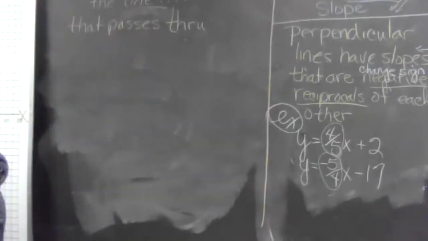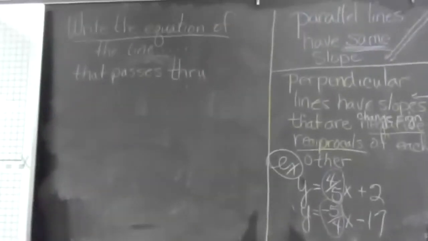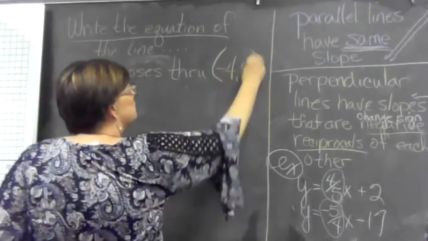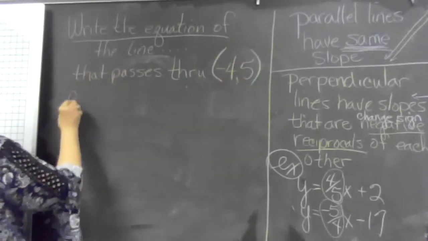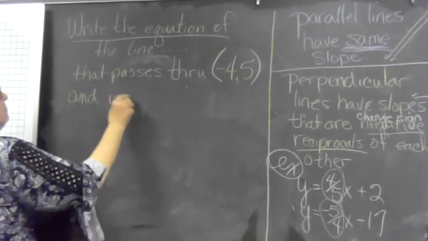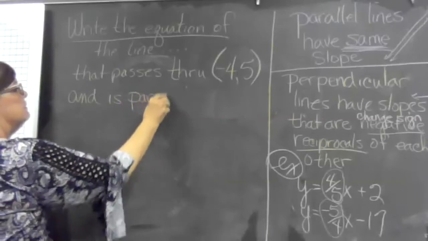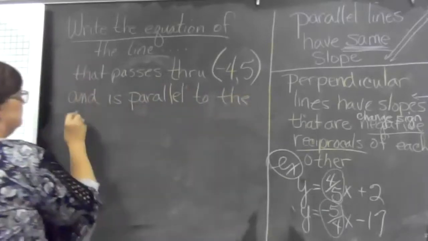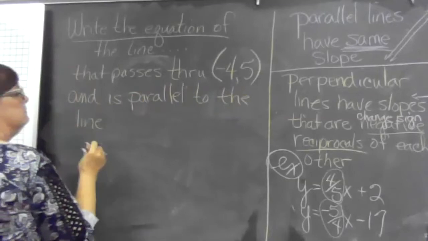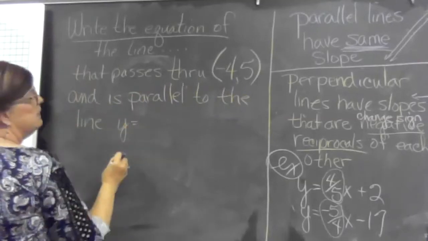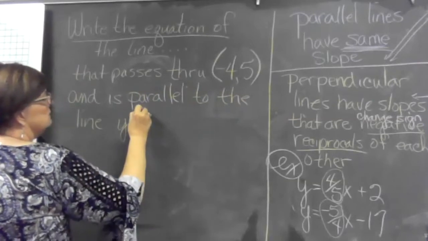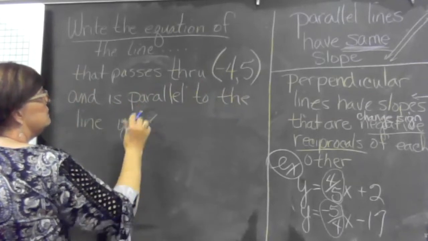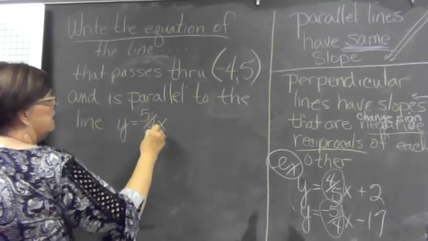Here is the problem. Write the equation of a line that passes through the point -4/5 and is parallel, very important word here, to the line y equals 5/4 x minus 2.